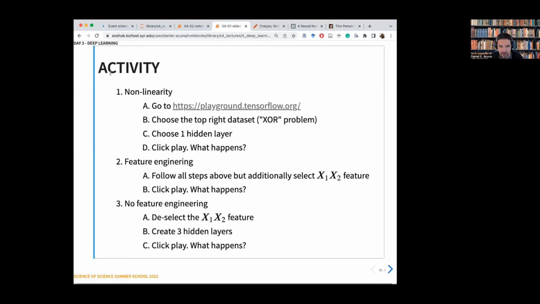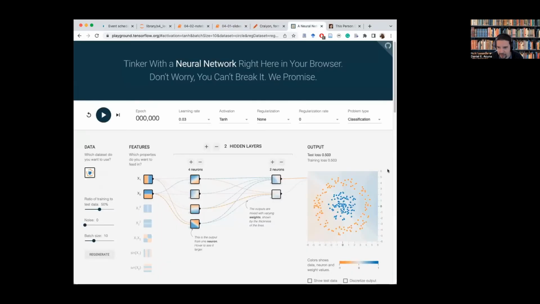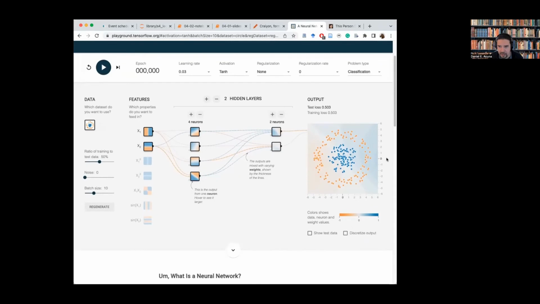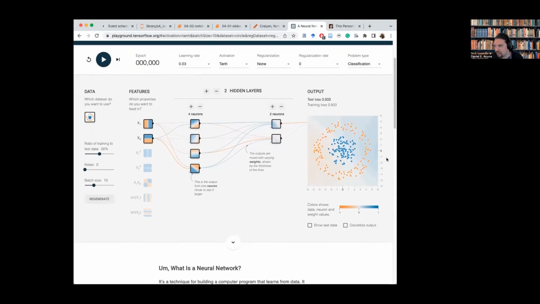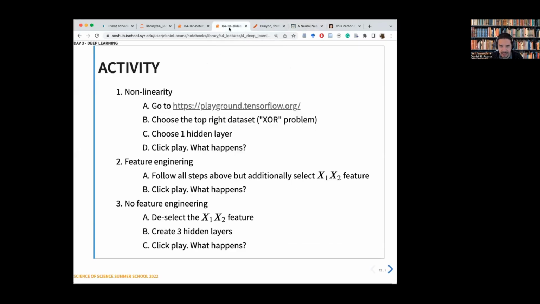Okay, so I'm going to go through the first activity, because I want to show you the parameters. I click here, playground.tensorflow.org. Is this the demo right here? Okay. So this is a neural network that runs in the browser. As the instructions said, we're going to choose the sort problem.